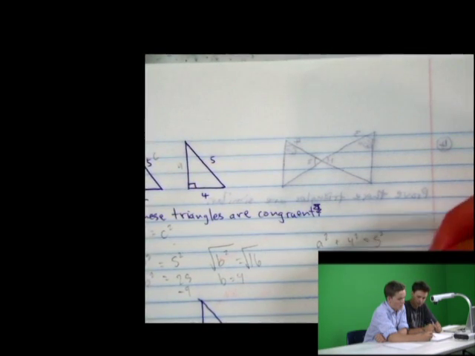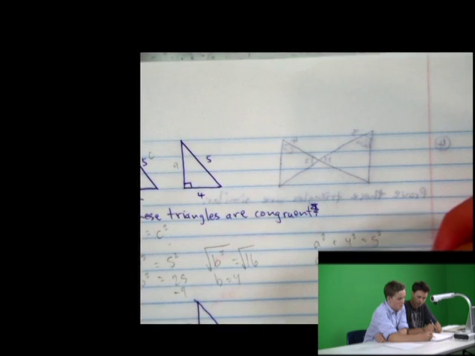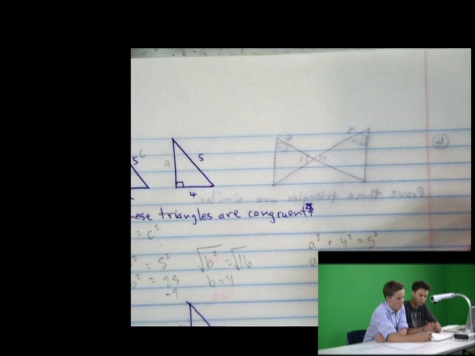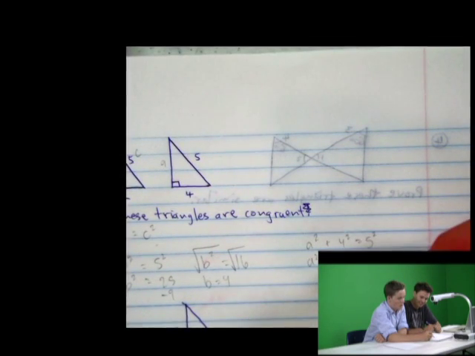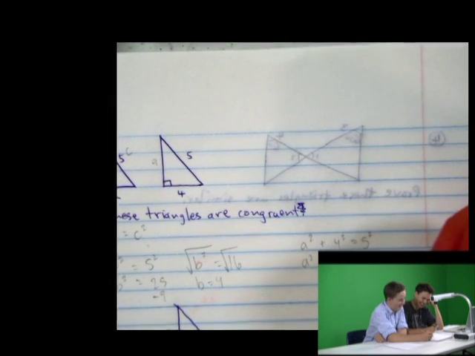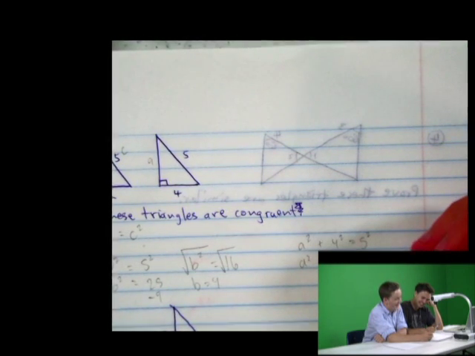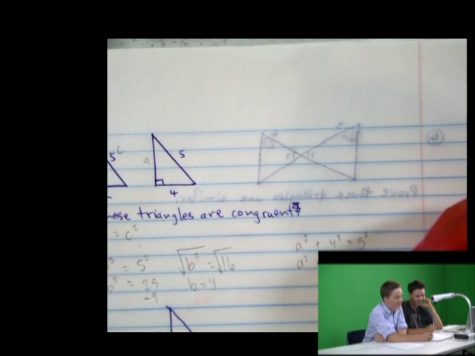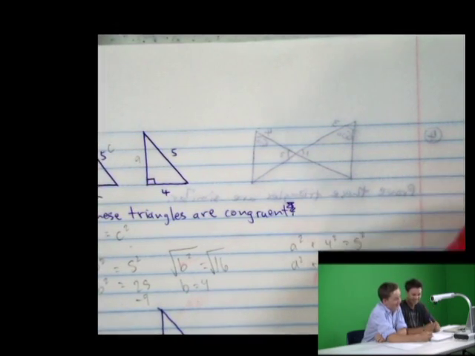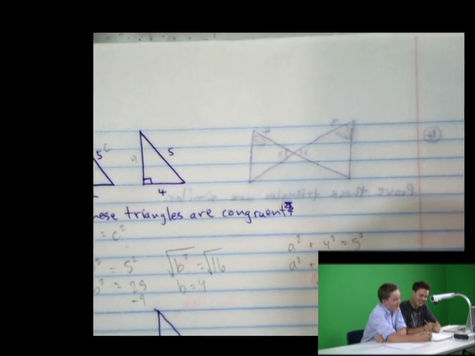And so to solve, 4 squared is 16, 5 squared is 25, and you'd want to subtract from both sides, so you get a squared equals 9.